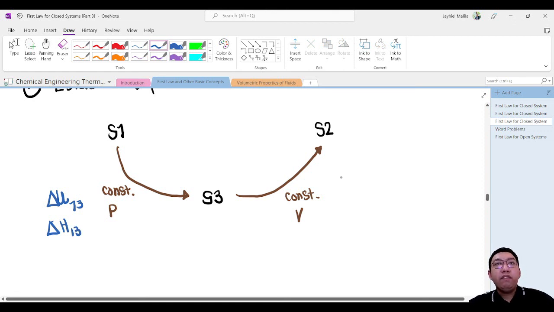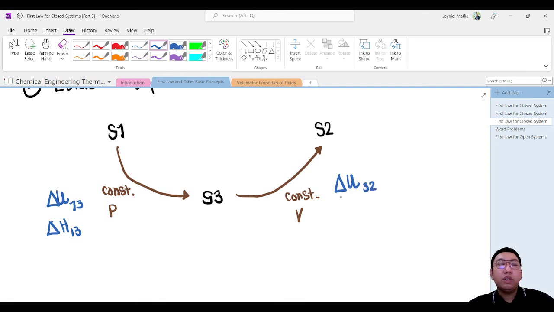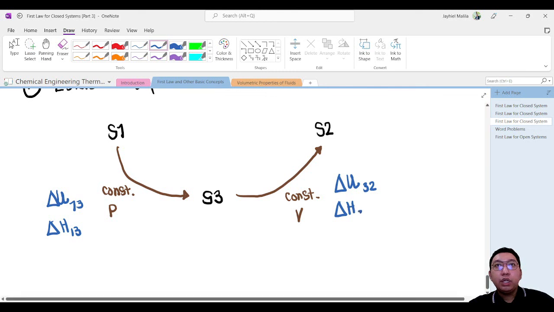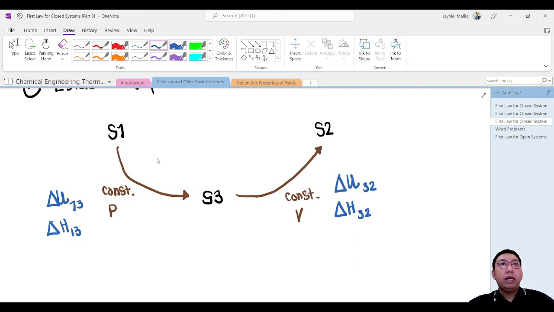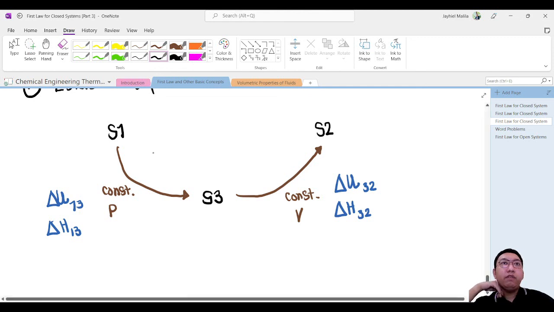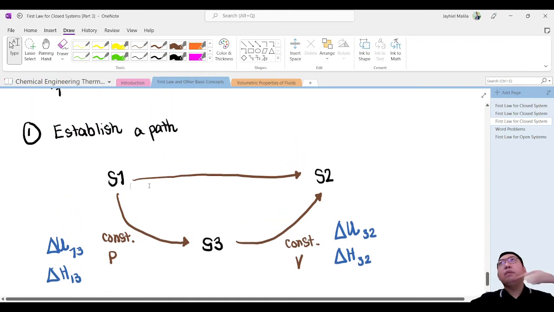delta H 1 to 3, and then if ever I solve again for delta U, or for another value of delta U 3 to 2, and delta H 3 to 2, okay? So remember that whatever path I'm taking, the sum of these values will still be the same. So I still get the same answer, it's just like truncating or cutting the path.